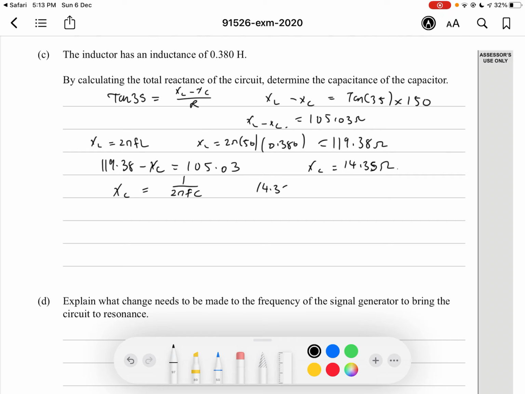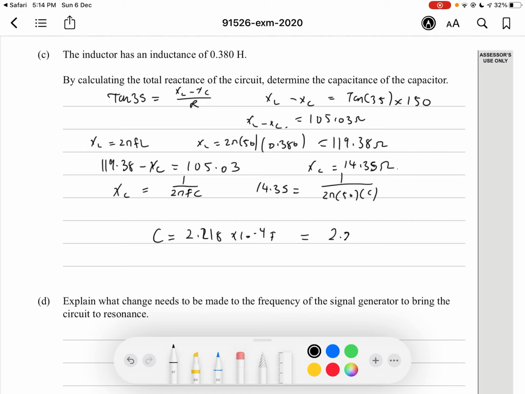Therefore 14.35 equals 1 over 2 pi times 50 times the capacitance, and we should find that our capacitance comes out to be 2.218 times 10 to the power of negative 4 farads, which rounds to 2.2 times 10 to the power of negative 4.